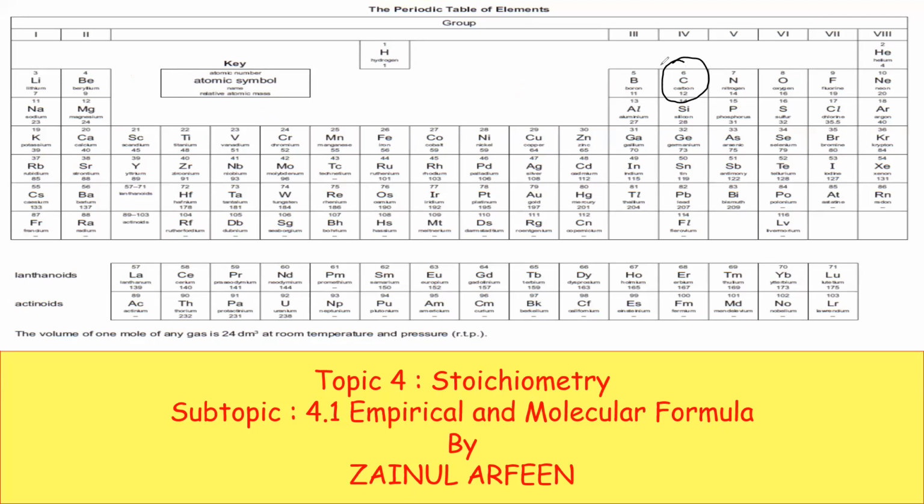Carbon is 12. What about oxygen? The atomic mass of oxygen is 16. And for hydrogen, that is 1. So these are the atomic masses of carbon, hydrogen, and oxygen.